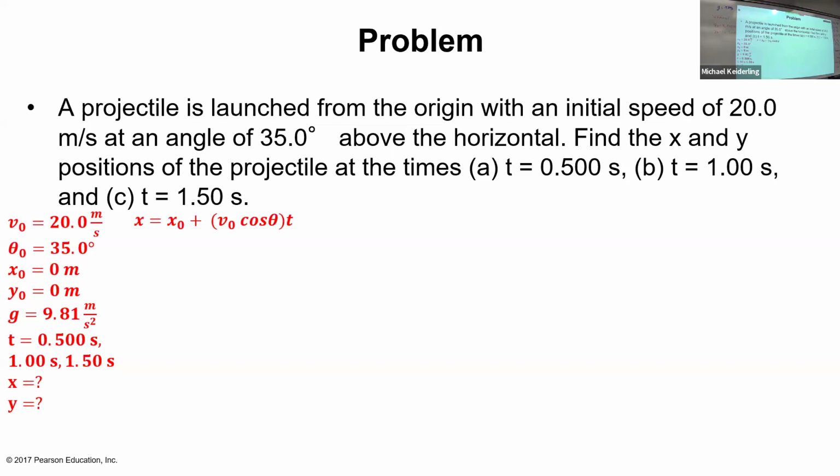So x will be x naught plus v naught cosine theta t. So fill that in up here.